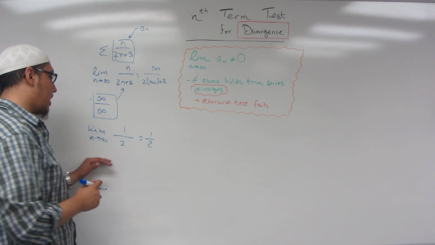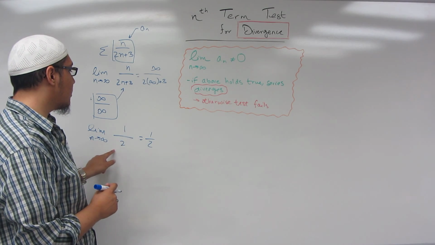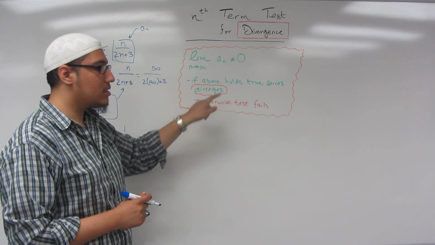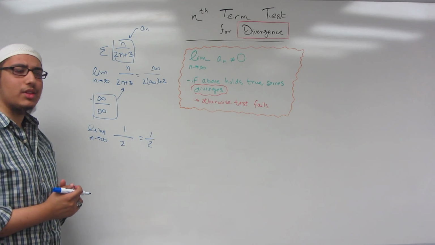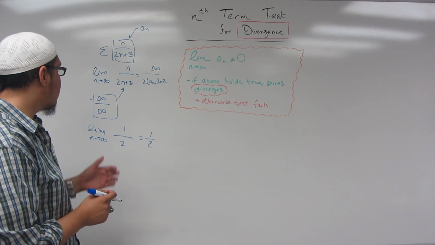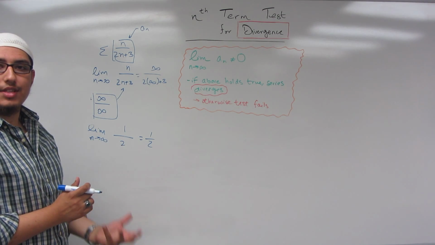Now, let's look at what the test says. The limit as n approaches infinity of our series, if it does not equal 0, then our series is divergent. Well, in this case, 1/2 is not equal to 0. Therefore, we can conclude from this test that the series n over 2n plus 3 is a divergent series.